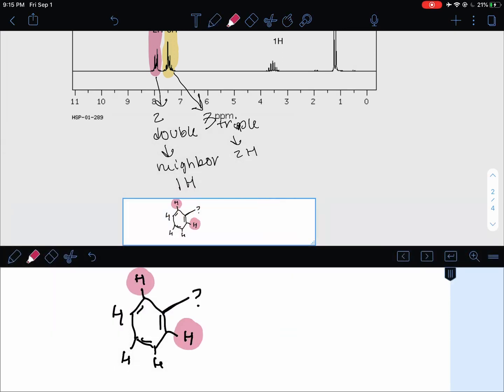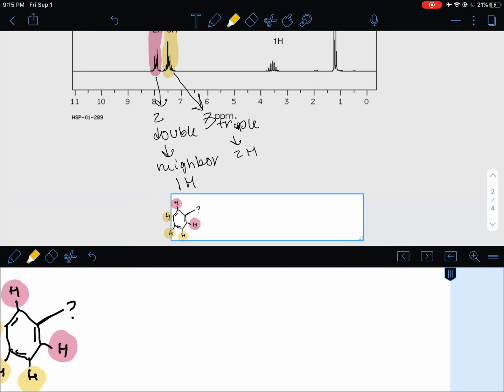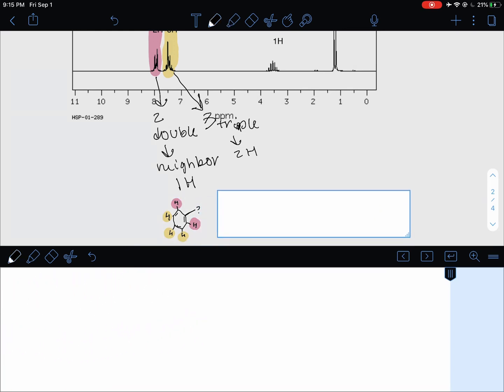These 2 hydrogens are identical because the neighboring carbons only have 1 hydrogen, so that is reflected in the same color highlight. And then we know that these 3 are reflected in the same other color. There's 3 of those, and they have 2 neighboring hydrogens. So that gives us our 1 ring.